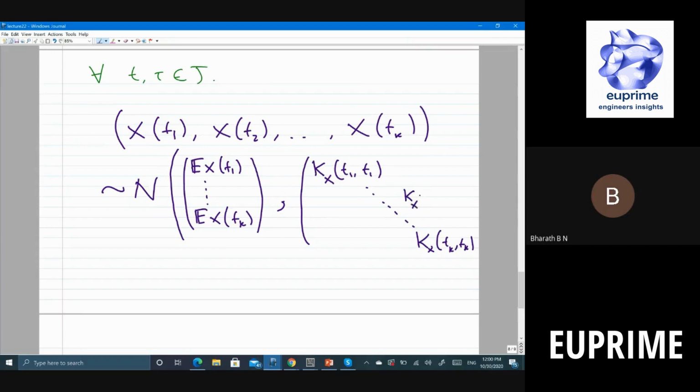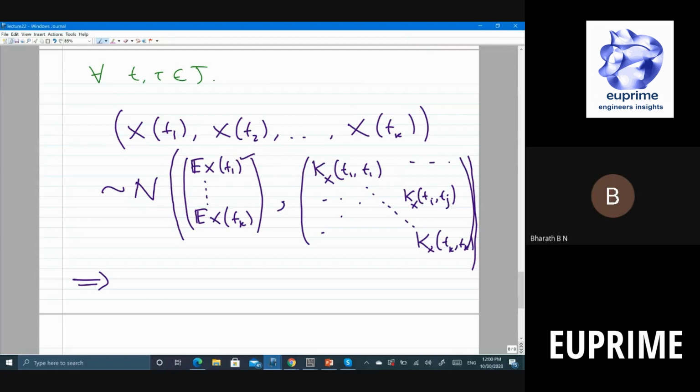The ijth entry would be kx of ti comma tj. Do you agree? And so on. So what this implies is that you need to know the mean function of the stochastic process and the covariance function of the stochastic process. If I know these two, that will describe the entire joint distribution of a Gaussian process.